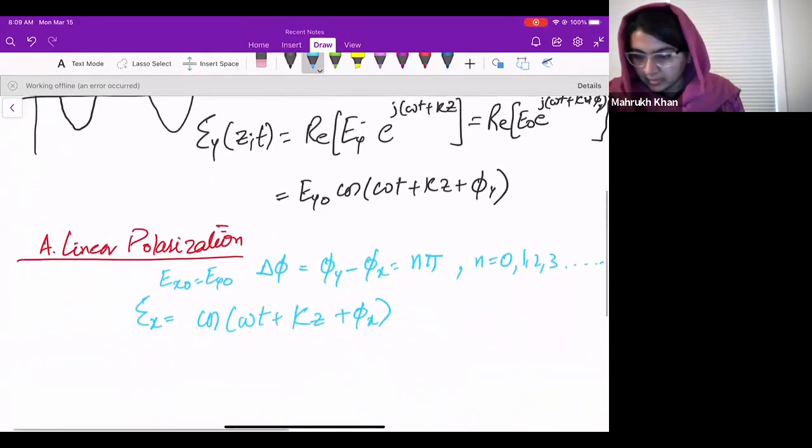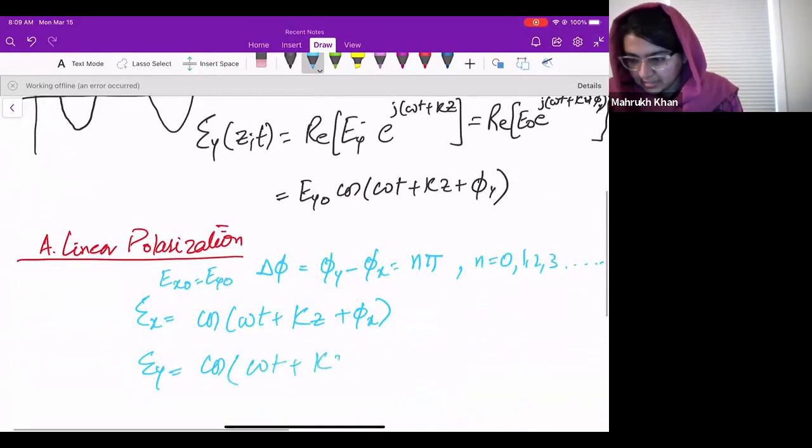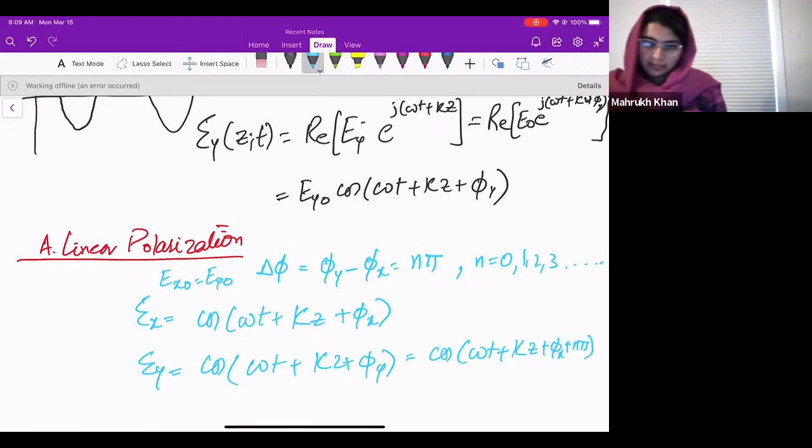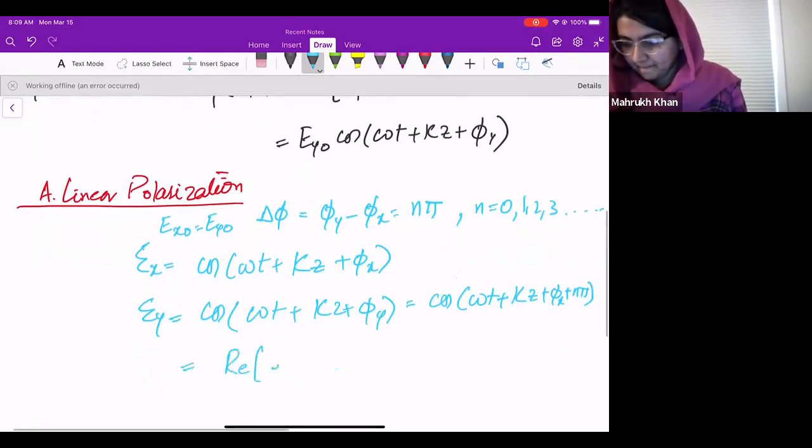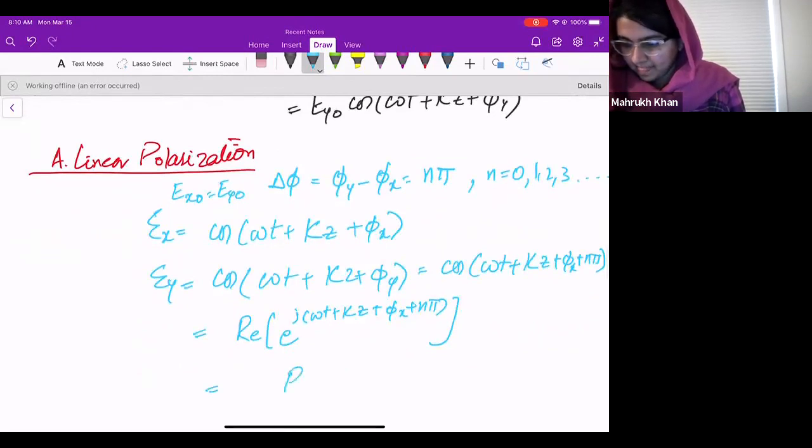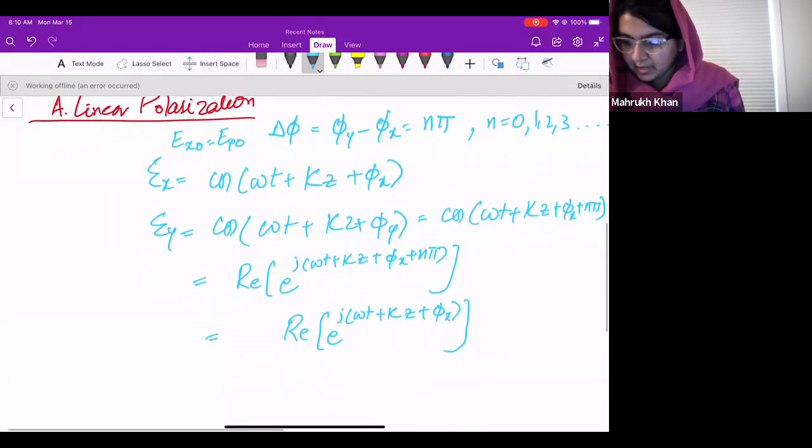And Ey will be cos of omega t plus kz plus phi y, which I can also write as cos of omega t plus kz plus phi x plus n pi. Because this can come outside, I can write this as plus or minus.